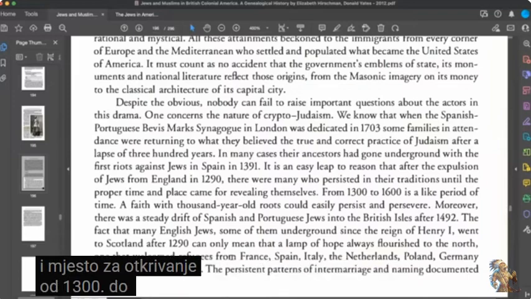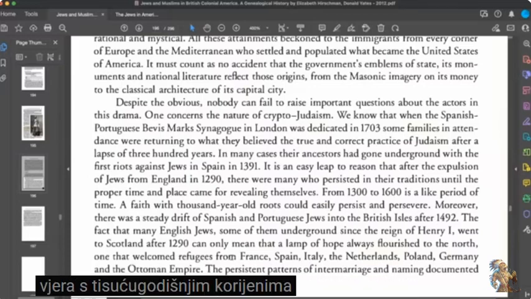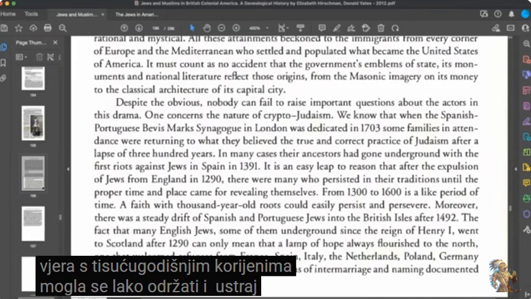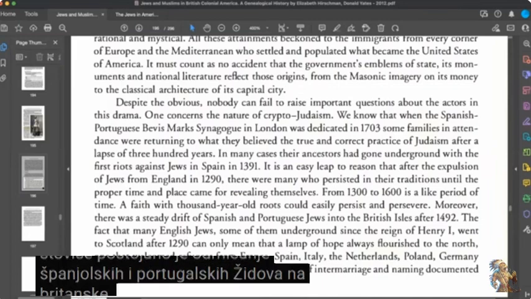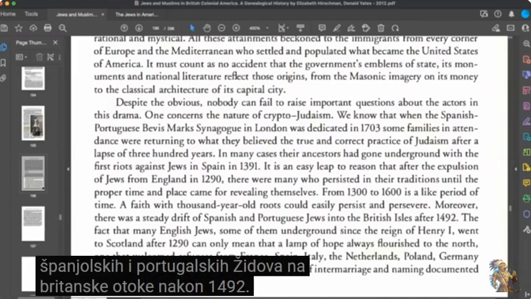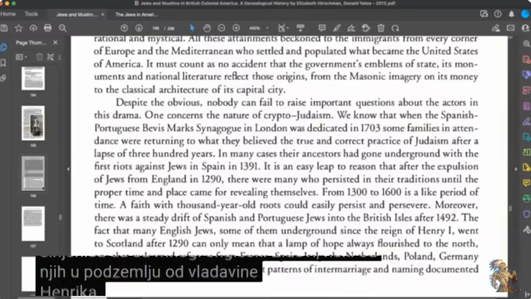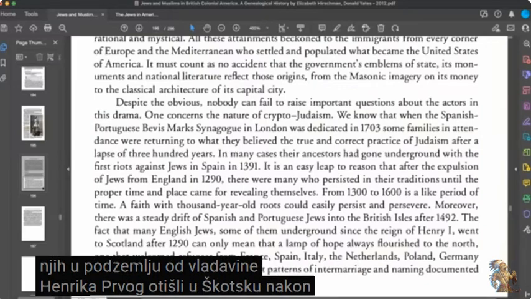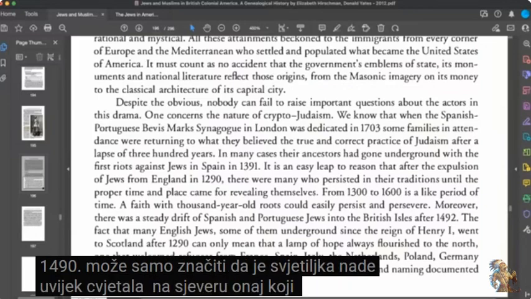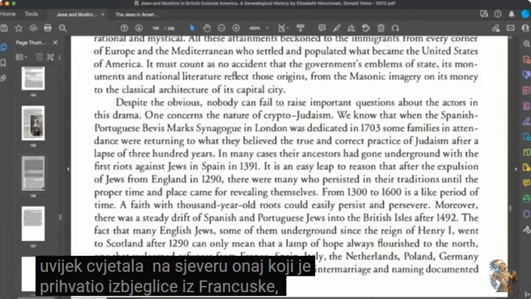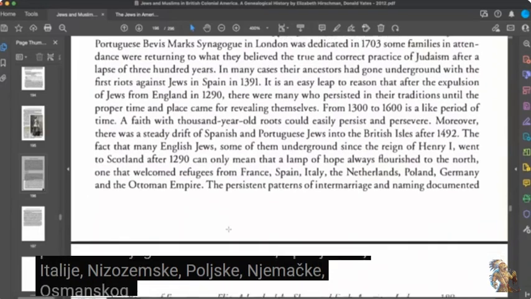From 1300 to 1600 is a like period of time. A faith with 1,000-year-old roots could easily persist and persevere. Moreover, there was a steady drift of Spanish and Portuguese Jews into the British Isles after 1492. The fact that many English Jews, some of them underground since the reign of Henry I, went to Scotland after 1490 can only mean that a lamp of hope always flourished to the north, one that welcomed refugees from France, Spain, Italy, the Netherlands, Poland, Germany, the Ottoman Empire.